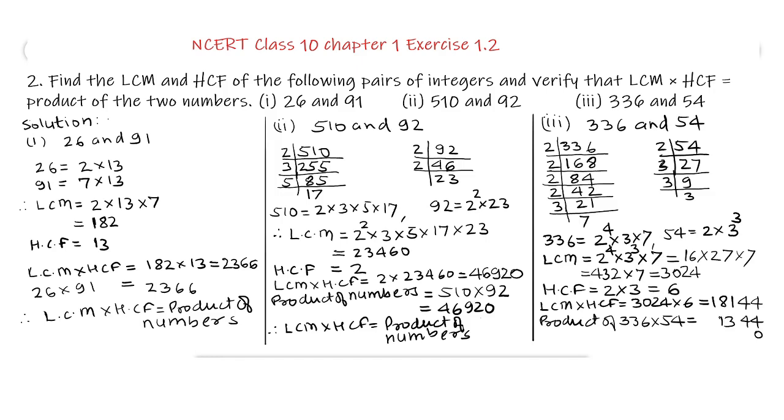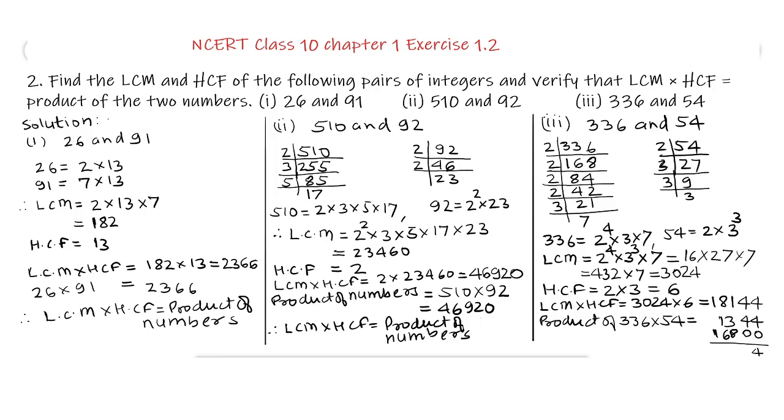We put 0 at the ones place. 5 times 6 is 30. We write 0 and carry 3. 5 times 3 is 15 plus 3 is 18. We write 8 and carry 1. 5 times 3 is 15 and 1 is 16.